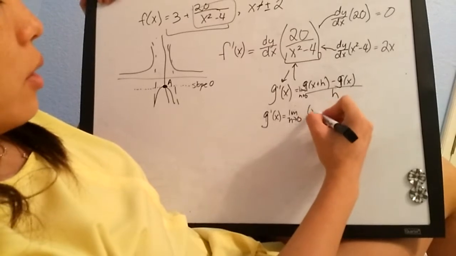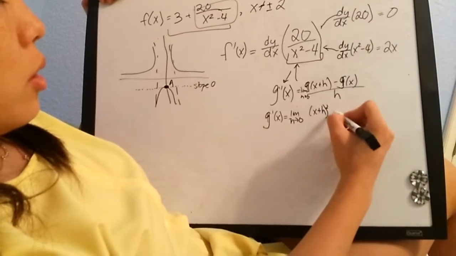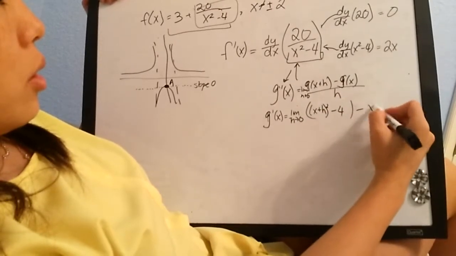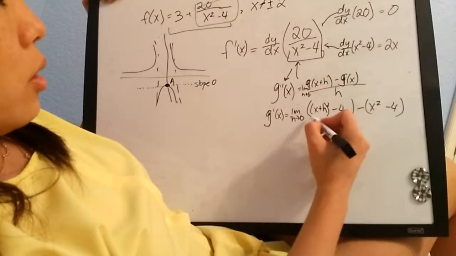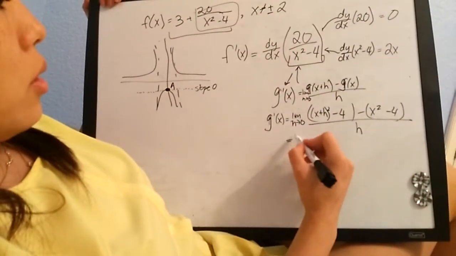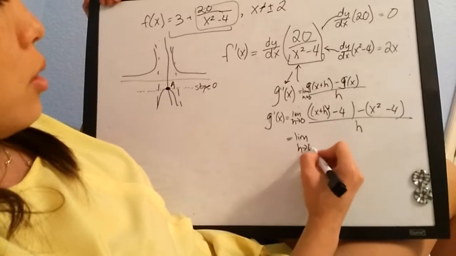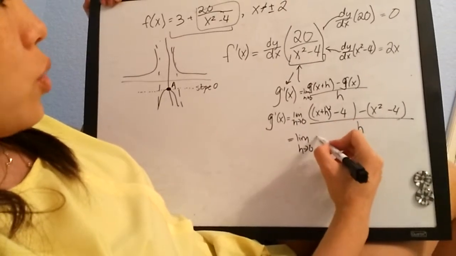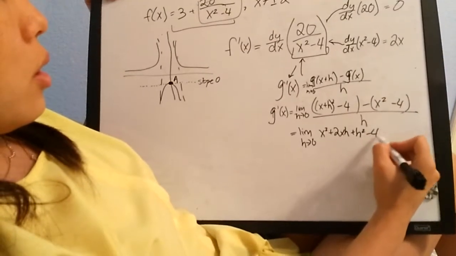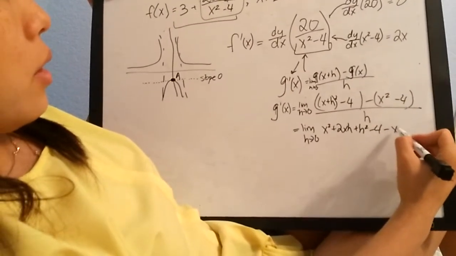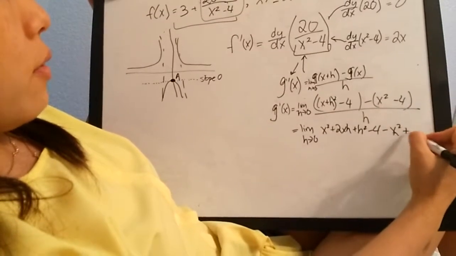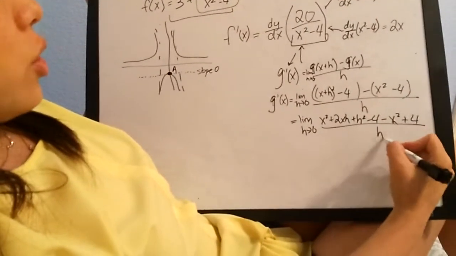Alright, so we expand x plus h squared, which is x squared plus 2xh, minus negative x squared minus negative 4, which is positive 4, all over h.